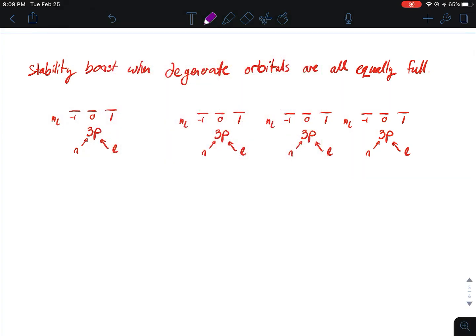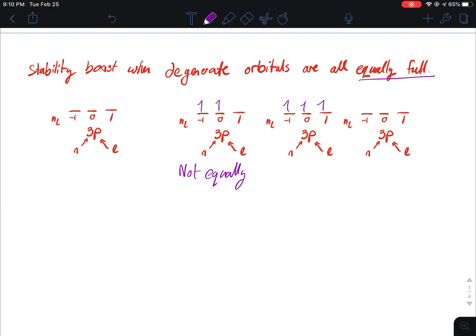When we go to add electrons to this setup, if we have an electron here and here, it's whatever energy. But in this first example, the 3 orbitals are not equally full. But if we had 3 electrons, then they are equally full.